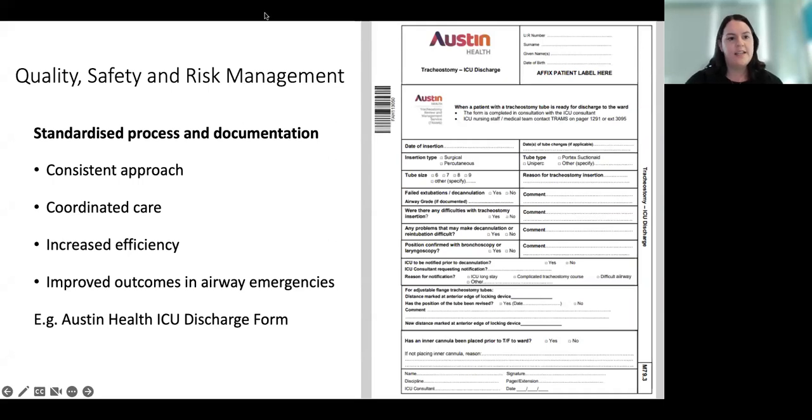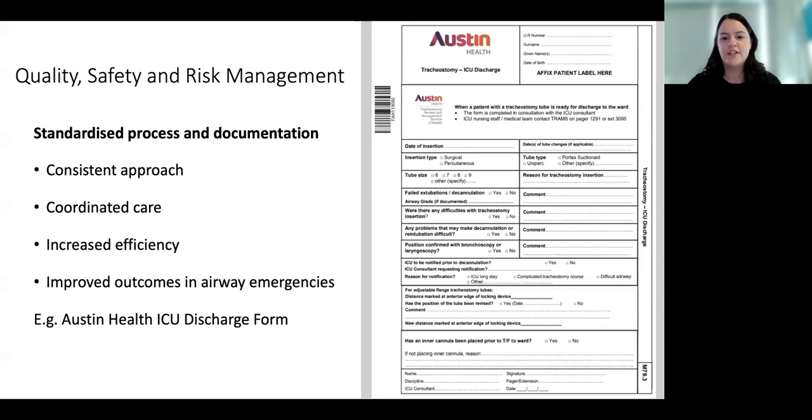Standardised processes and documentation are incredibly important. Standardised processes and documentation promote coordinated care, they increase our efficiency of care and improve outcomes, particularly in airway emergencies. An example of this that we have within Austin Health is the ICU discharge form for when a patient transitions to the ward. And this begins from tracheostomy insertion.